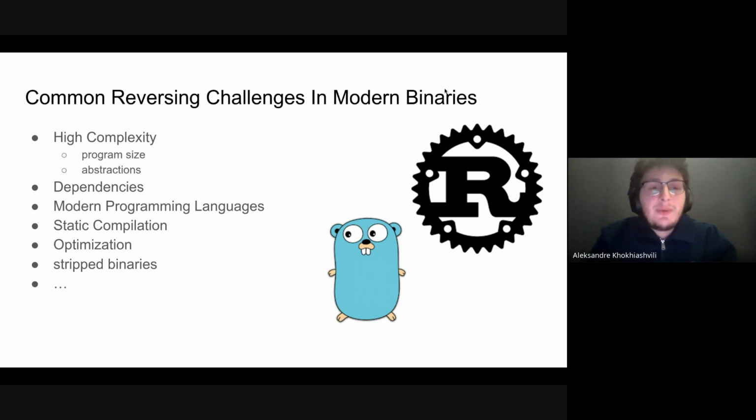The new programming languages are also getting popular. With those, we also get a lot of static compilation because those are more useful for deployment and containerization. There are also more optimizations coming in, and all the developers are also stripping their release binaries or production binaries. So reversing is fighting against all of these challenges, and the list never stops because the challenges keep growing.